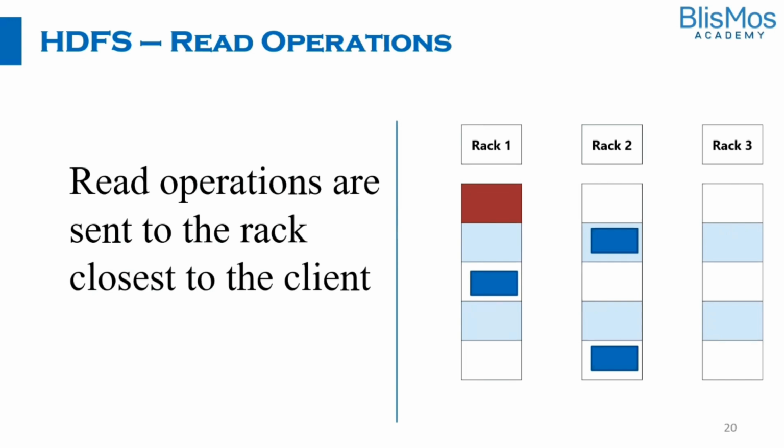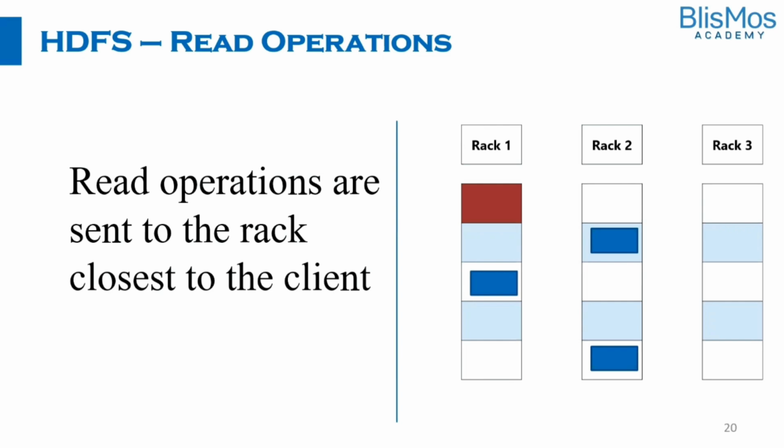Whenever we send a read request to read the data, it goes through the name node and comes to the data node to read the data from there. Read operations are always sent to the rack closest to the client. Let us assume we have data centers: one with 3 racks in the same data center, and we have 3 data centers, one in San Francisco, the second in Seattle, and the third in London.